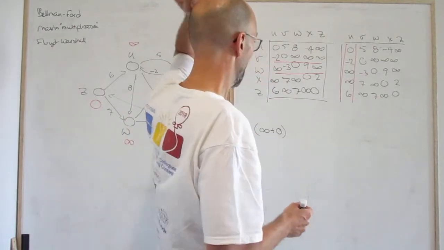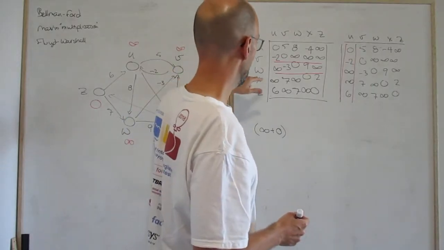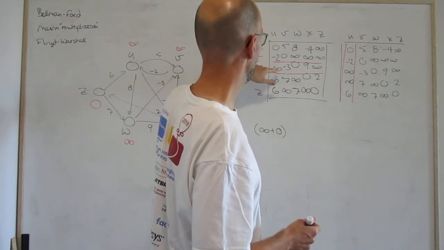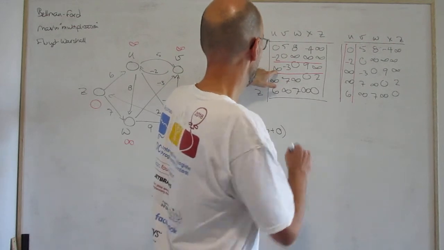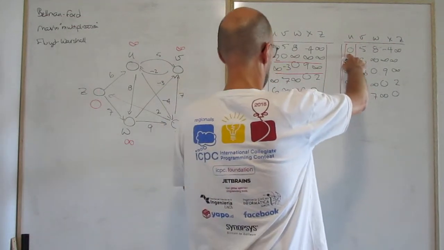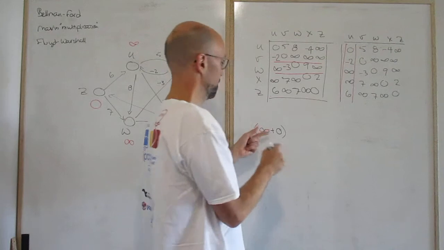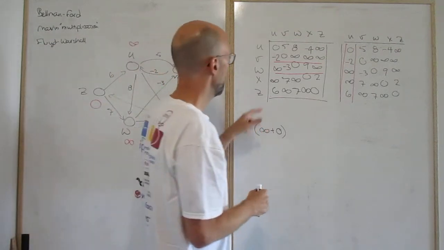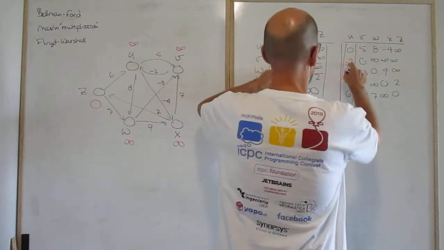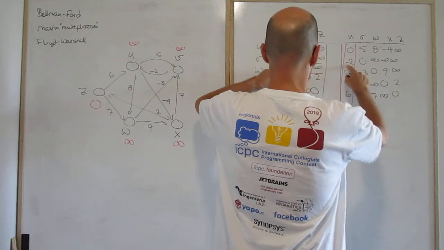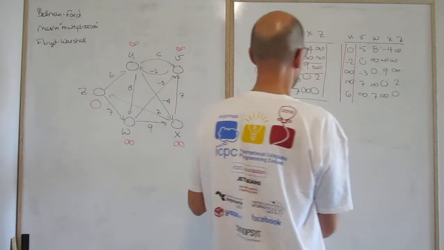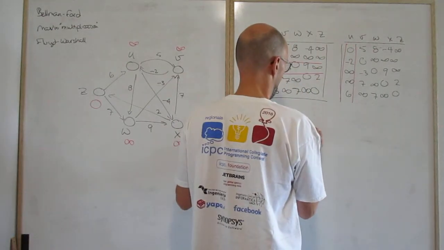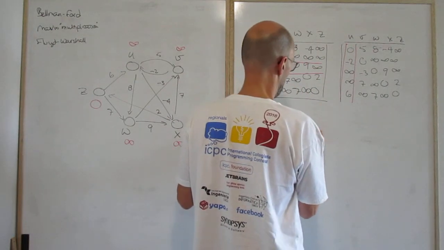If I go from W to V, right? So this is this and this. I sum this, and this is infinite. Okay. But then I take -3 and -2. Okay, that's a bit weird. But I can go from W to V in cost -3.